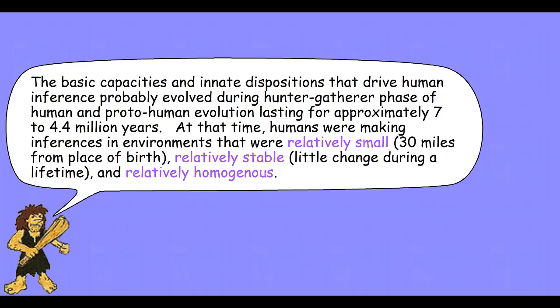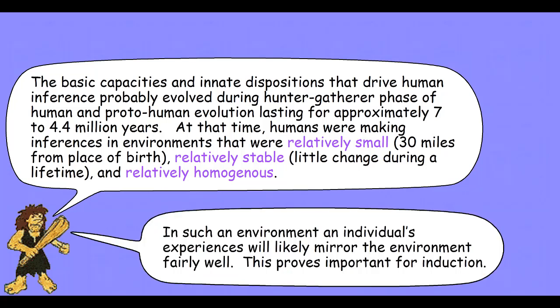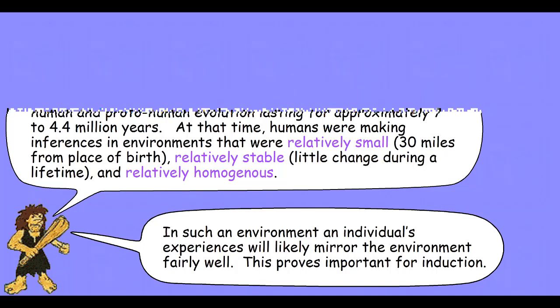At that time, humans are making inferences in environments that are relatively small, maybe 30 miles from their place of birth, relatively stable, there's little change during their relatively brief lifetime, and relatively homogeneous. And this turns out to be really important for inductive inferences because it means that these hunter-gatherers' experiences are likely to mirror the environment fairly well, and that's important for induction.